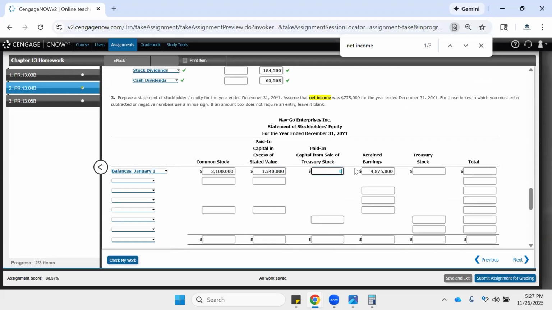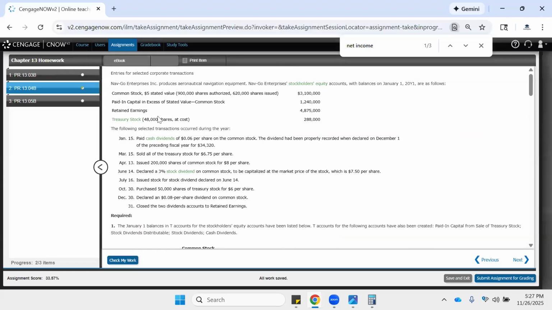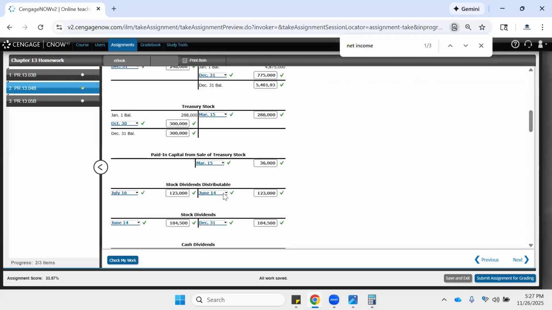Paid in capital from treasury stock, I believe started at 0, but I'm not sure. Yes, it started at 0.